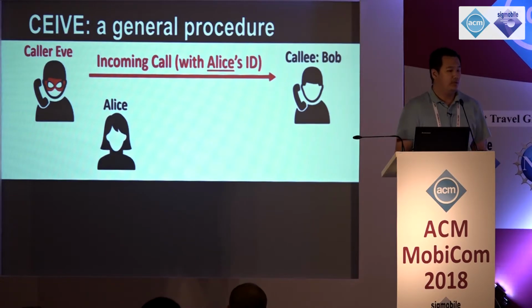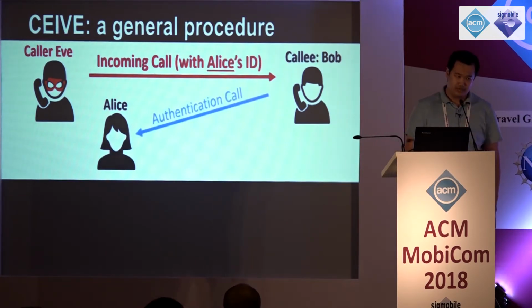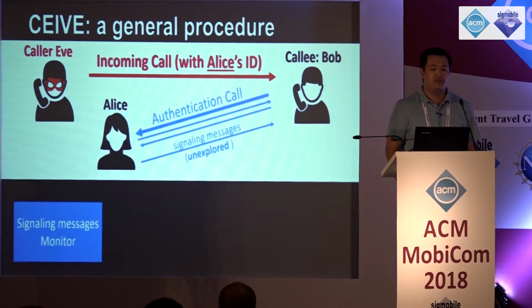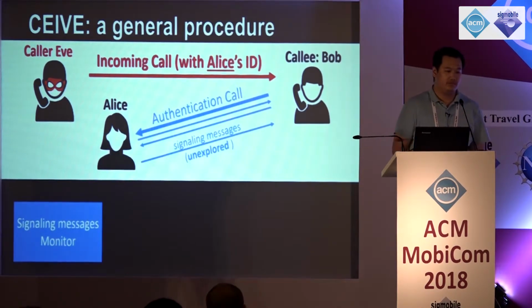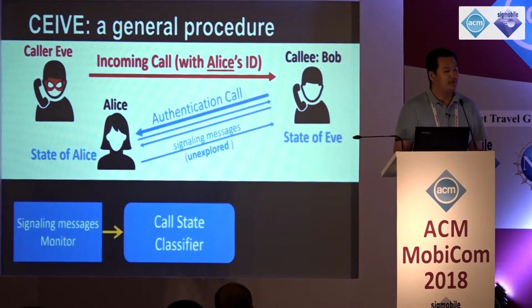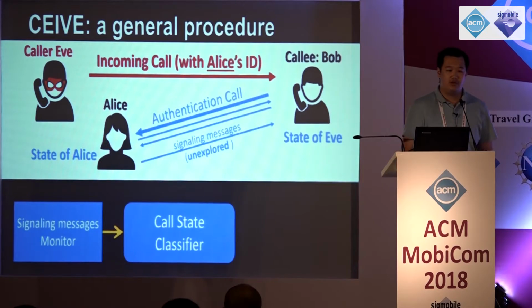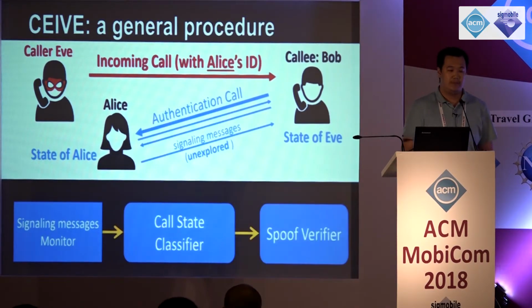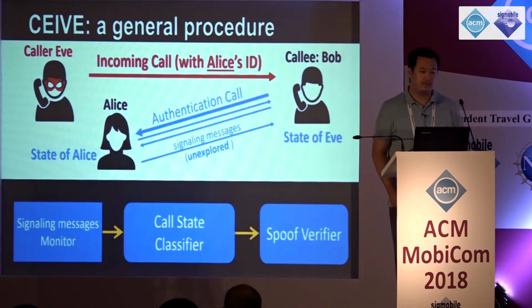When Bob receives an incoming call from Alice, he makes an authentication call to Alice directly and keeps monitoring the signaling messages exchanged. Then, using a pre-learned call state classifier, CEIVE tries to infer the call state of Alice, and given both the call state of Alice and the true caller, we can make the spoof detection.